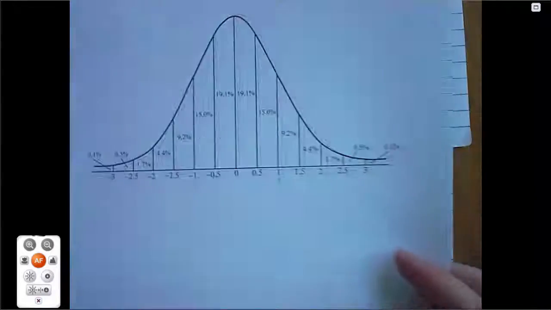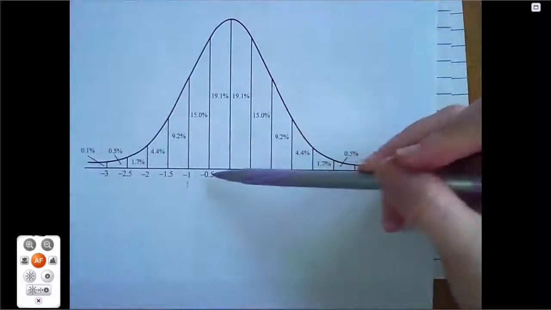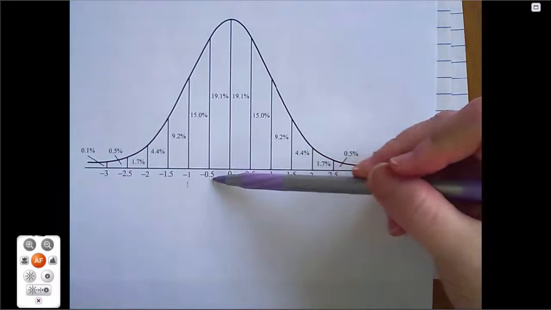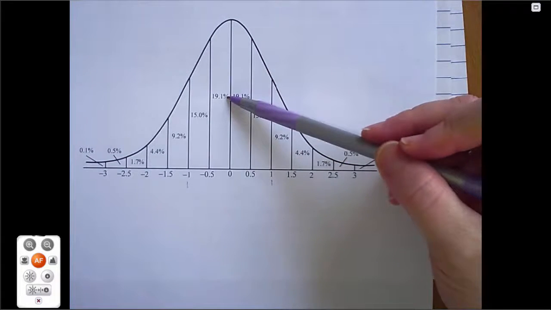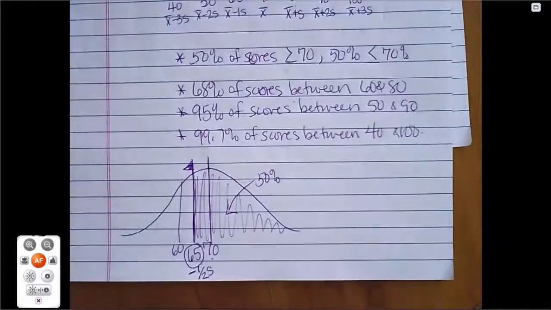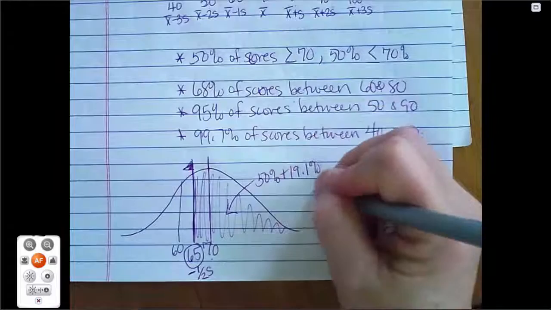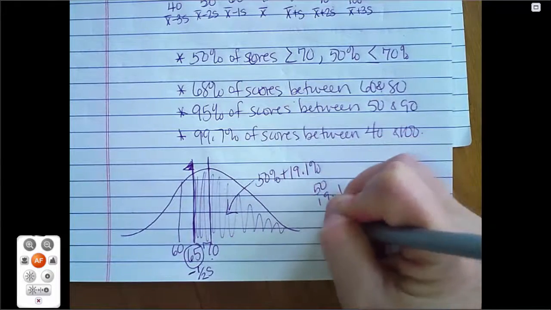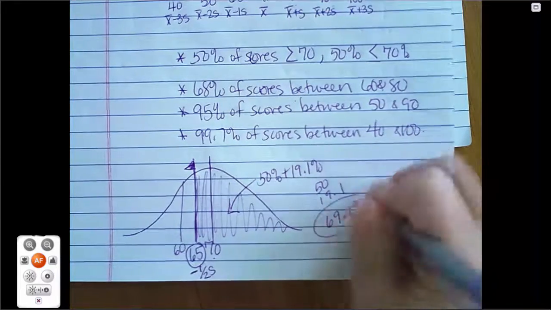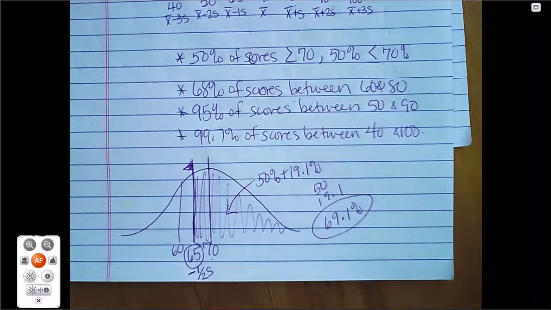And then you can look at this table for half standard deviations. And between 0 and 1/2 of a standard deviation below the mean is another 19.1%. So I could say 50% plus 19.1% is what? 69.1% of all people scored above a 65.